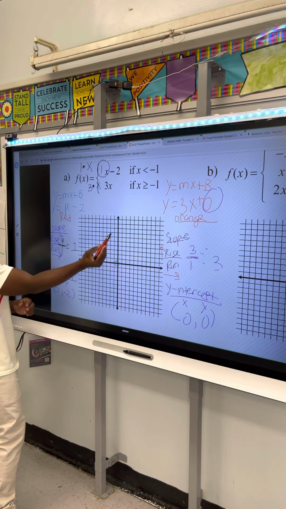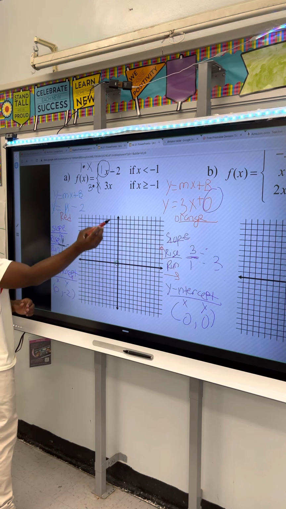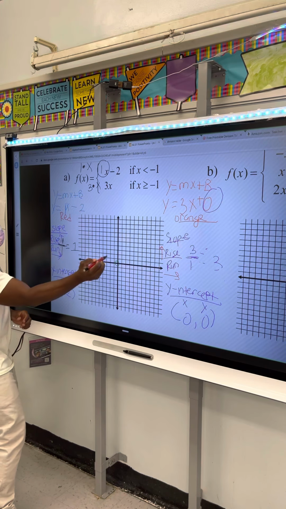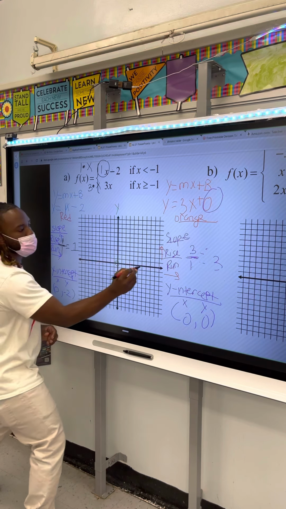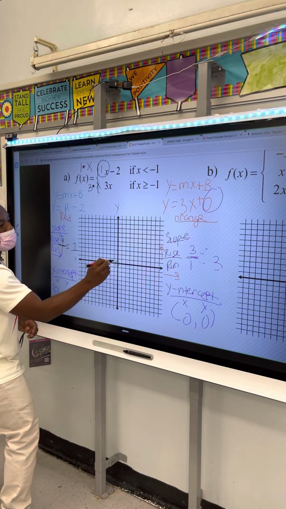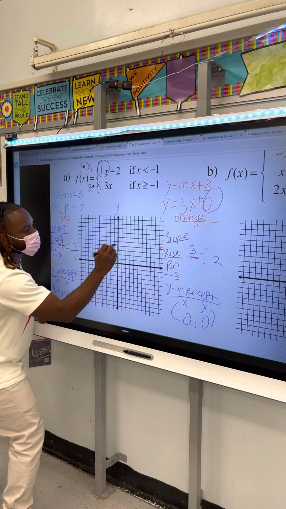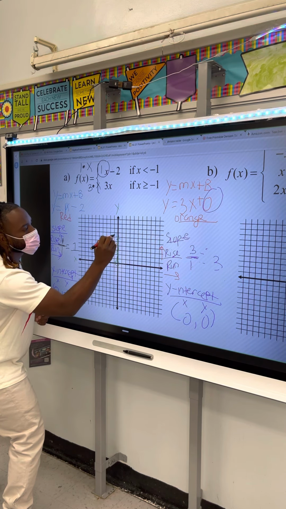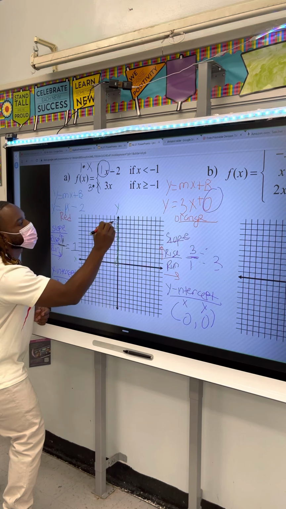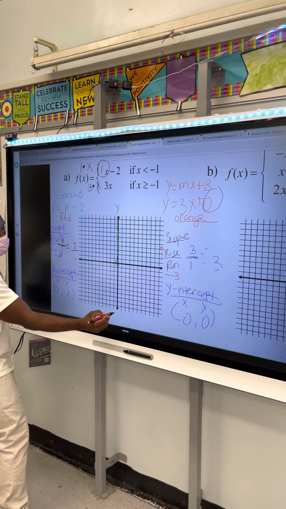Now up here, is it positive or negative? Positive. What axis is this? Y. What axis is this? X. Right. So positive, count: 1, 2, 3, 4, 5, 6, 7, 8, 9. What about here? Positive or negative?